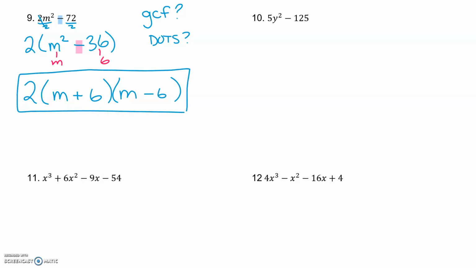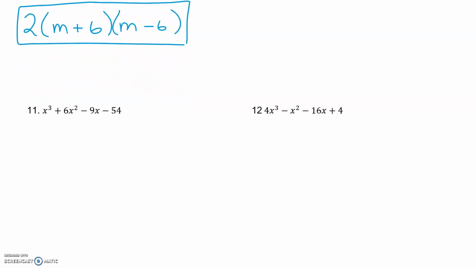Okay, so I'm going to go ahead and do number 11, then I'm going to have you guys do 10 and 12. So number 11, okay, this one has 4 terms. So I can't do difference of squares because it's not just 2 terms. It's not a binomial. It actually has 4 terms. So we got to think back to what we did before, which is grouping. So when we do grouping with our 4 terms, we're grouping the first 2 and the last 2, and now we are going to factor out the GCF from each group.